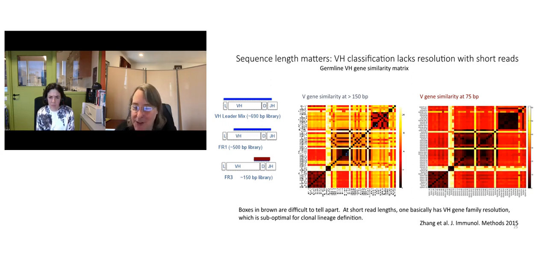And if you squint, you might be able to see that the V genes are kind of falling into families for those brown boxes. In contrast, in the plot on the left, when you have a longer sequence within the V that you can use for alignment purposes, you can, of course, get much better resolution on which V gene your clone contains. So size of your product matters, but also length of your read matters, even if you're using primers that are further out.